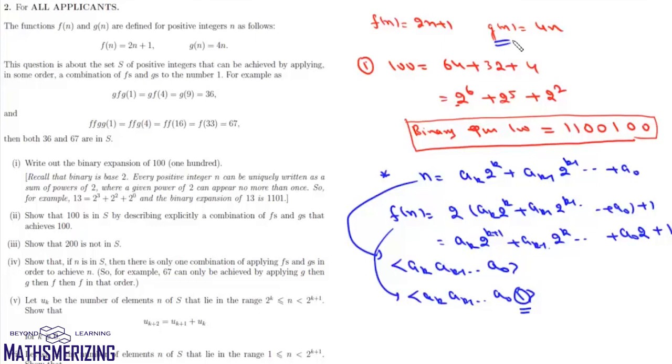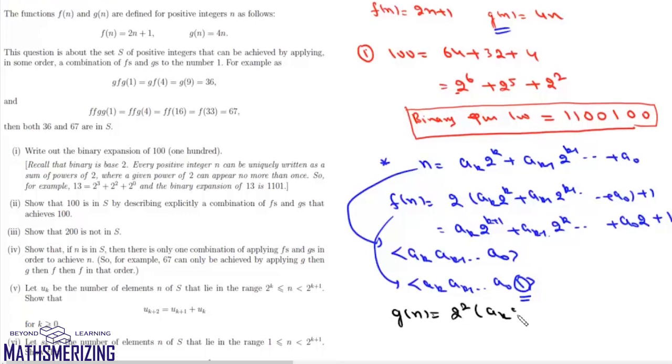Now we'll take this other function gn. This gn will be 4, which is 2 square, into n, which is ak 2 to the power k plus and so on, a naught. So it will be ak 2 to the power of k plus 2, and so on, a naught 2 square plus 0 into 2 and 0 into 2 to the power 0.